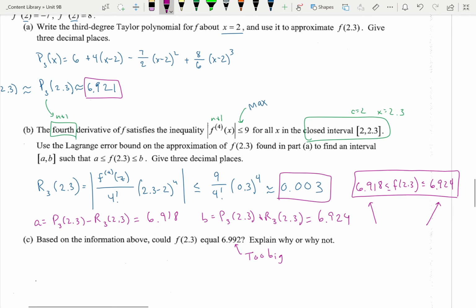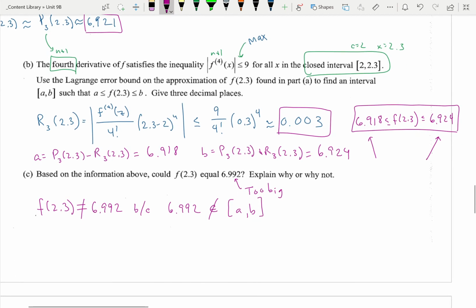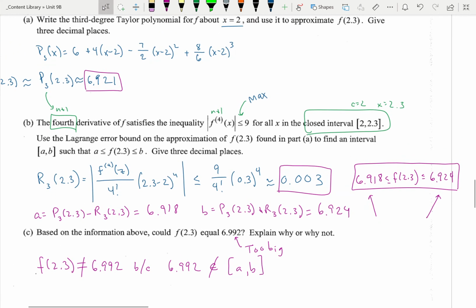So f of 2.3 is definitely not equal to 6.992, because 6.992 is not in the interval that we discussed in part C. So that would be a decent explanation for why f of 2.3 is definitely not 6.992.